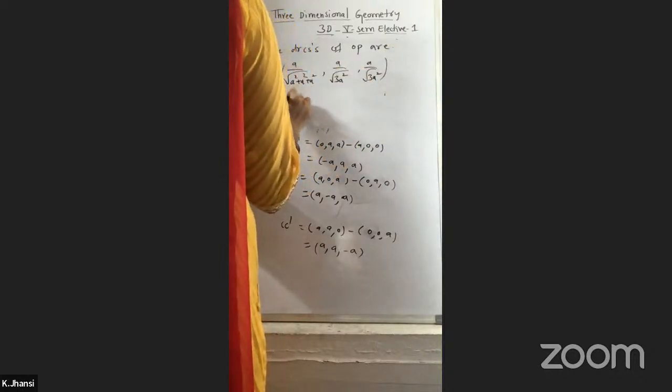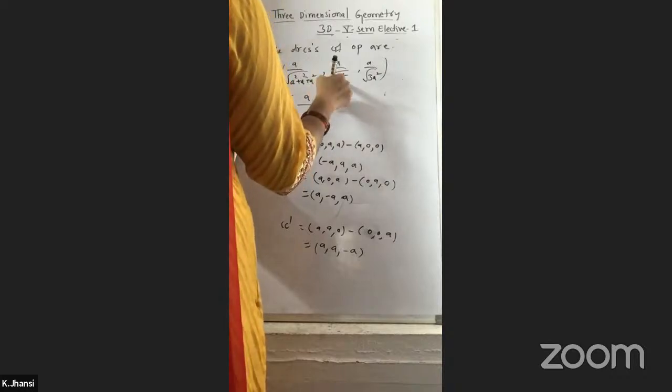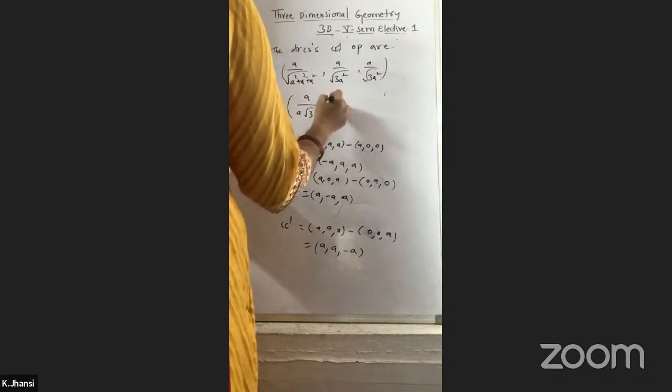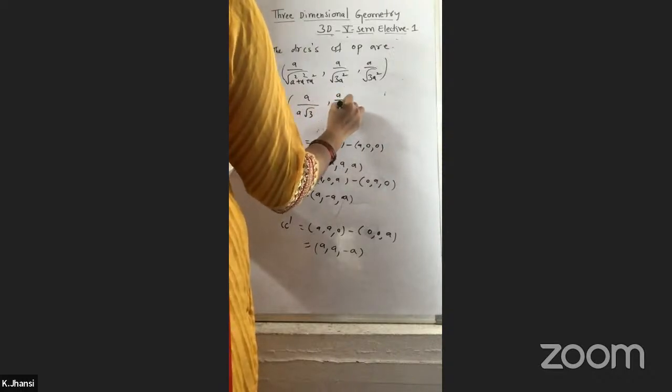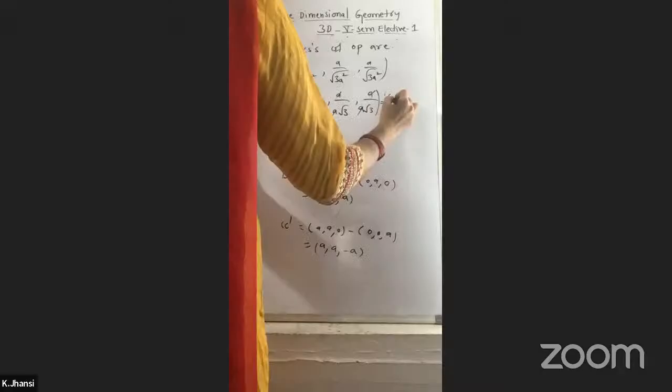So if you simplify this, what will you get? A by A square, the root will be A, and it is root 3. This is also A by A into root 3. A will get cancelled here. It will be 1 by root 3, 1 by root 3, 1 by root 3.